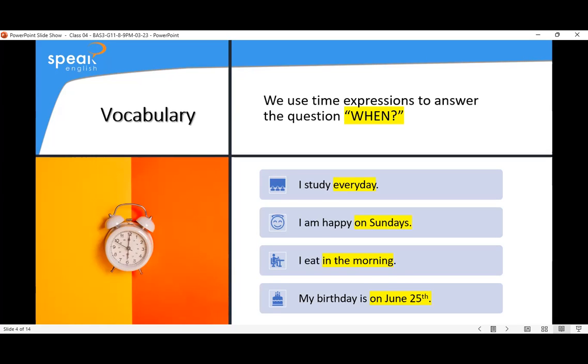If I am telling you I am happy on Sundays, on Sundays is my time expression, so I know that only on Sunday I am happy. And I eat when? In the morning. As you can see, all of these sentences are answering the question when. Then we have, for example, my birthday is on June 25th. So when is your birthday? On June 25th. These are some examples of how we answer the question when.